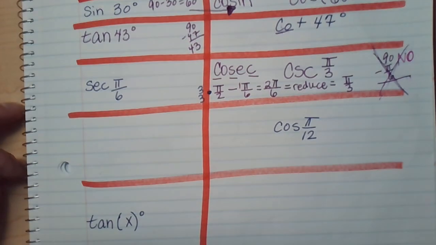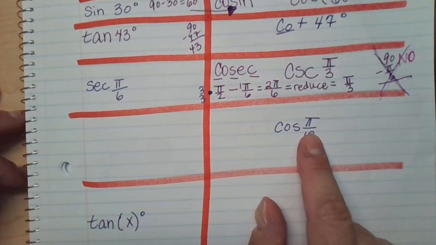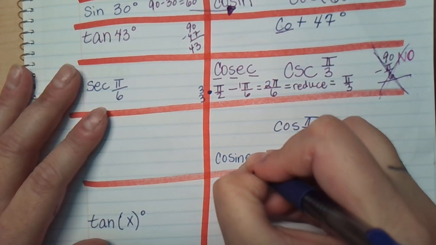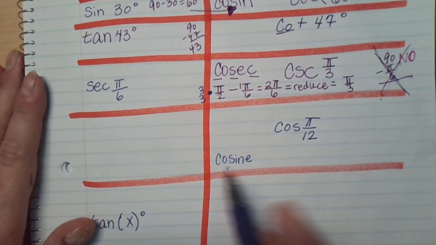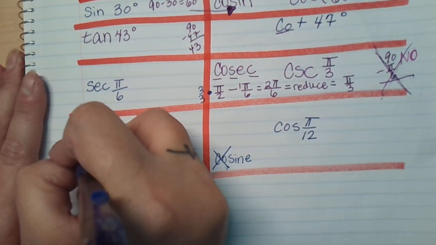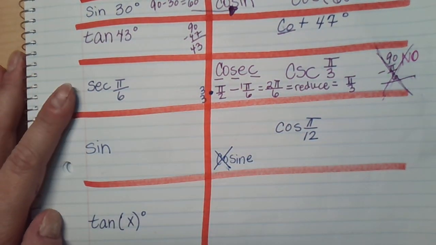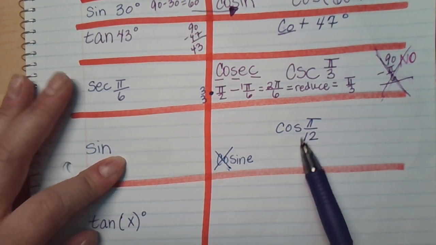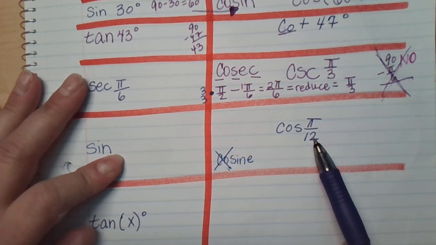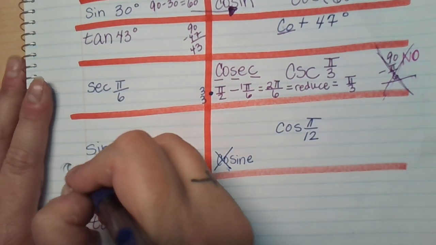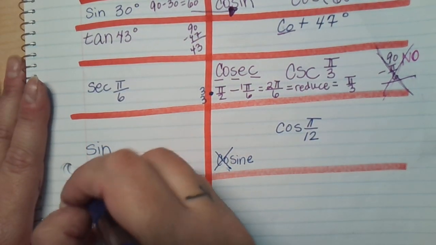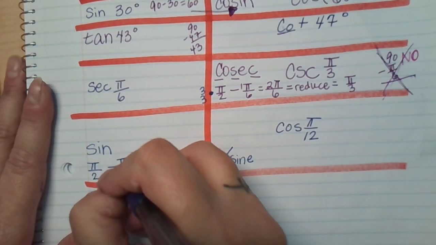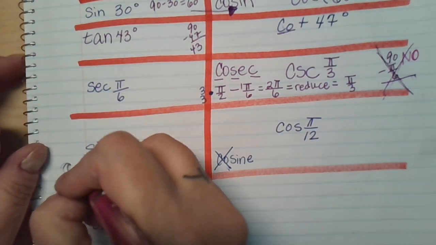All right, let's look at this next one. It says cos. Well, that is the word cosine. So what's this word without the co? Just sine. And then we have to figure out what other angle adds with this pi over 12 to give me 90 or pi over 2. We're going to do the same thing. Instead of adding, we're going to think about subtracting. Pi over 2 minus pi over 12. Common denominator.